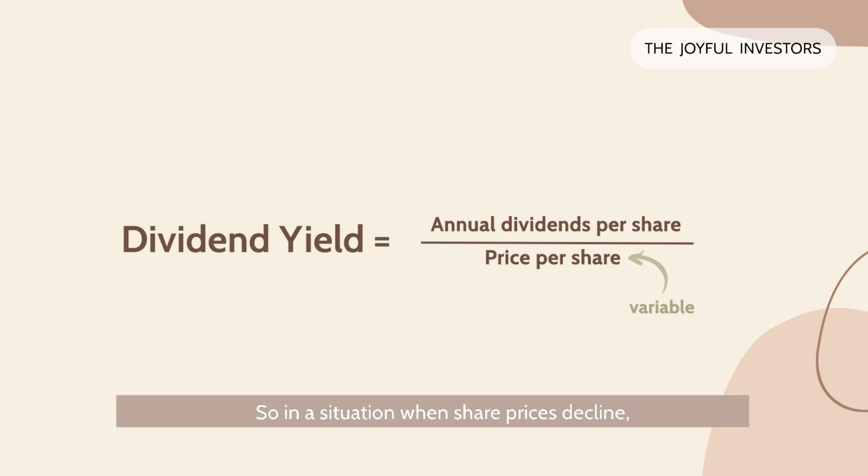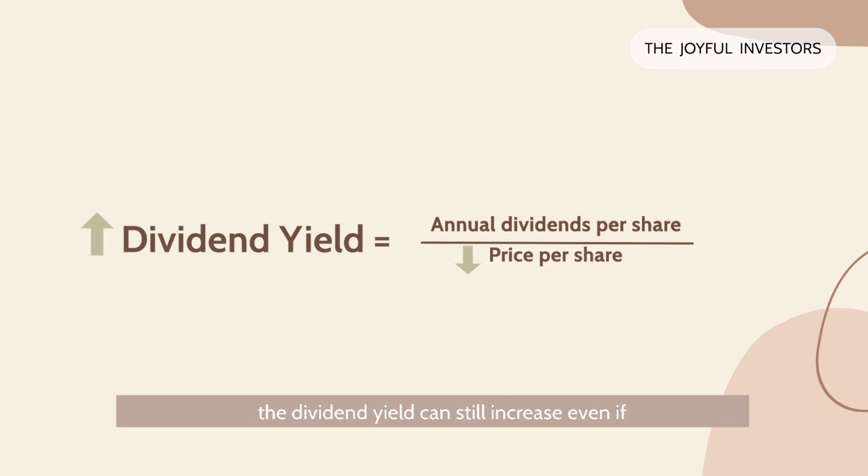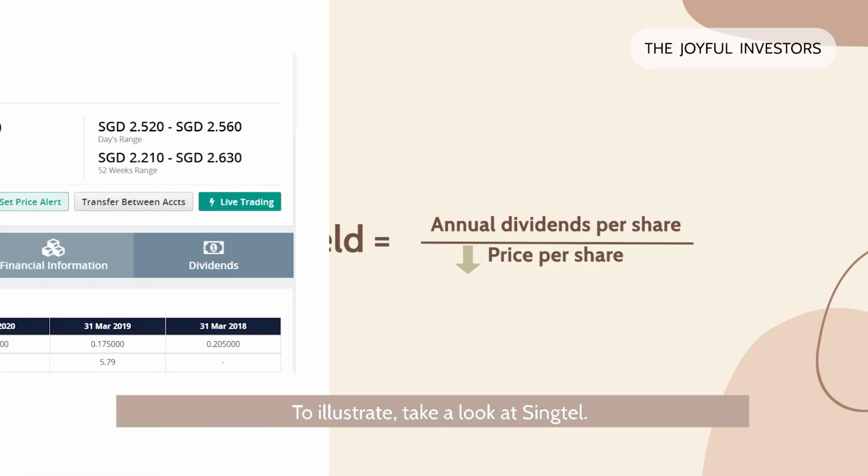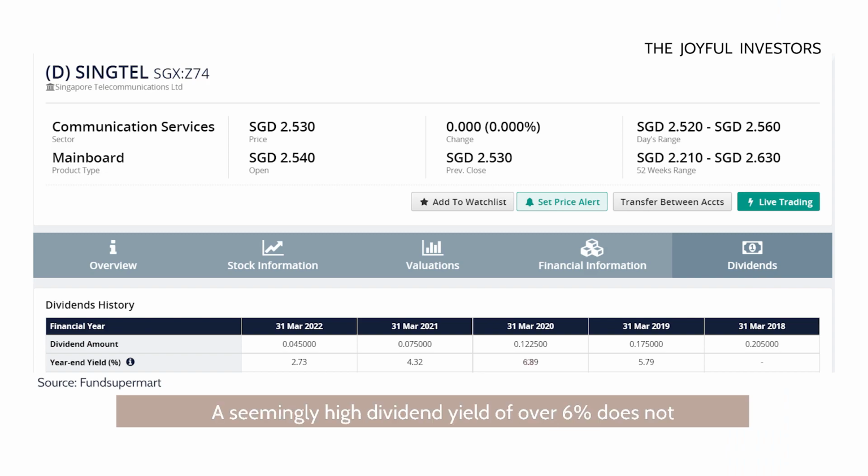So in a situation when share prices decline, the dividend yield can still increase even if the dividend per share stays constant or gets smaller. To illustrate, take a look at Singtel. A similarly high dividend yield of over 6% does not necessarily mean that this is a good investment.